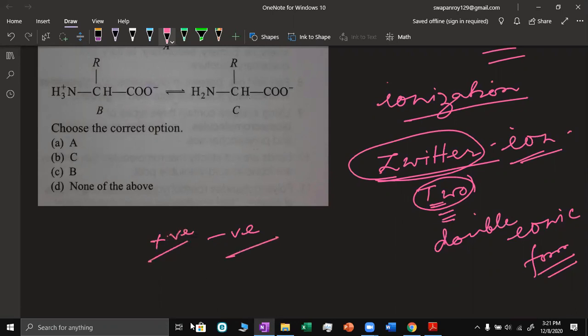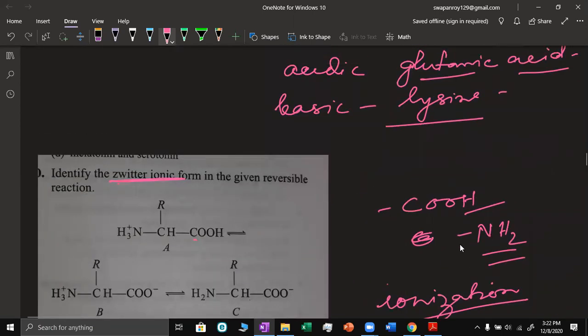But here an amino acid is such a molecule in which both ions can be formed in the same molecule, positive ion as well as negative ion, and this is due to the property that both sides at the same time can undergo ionization.